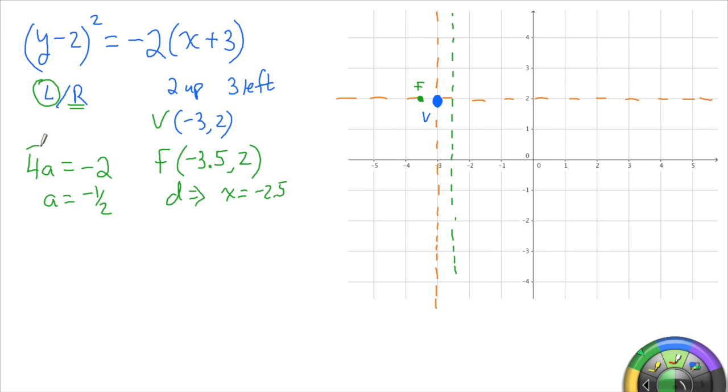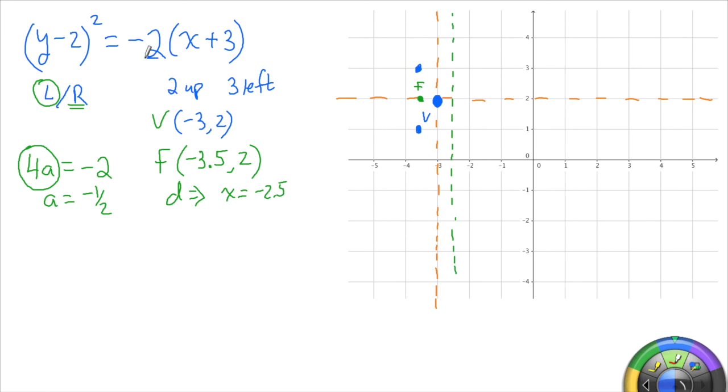So this number 4a is always going to be the latus rectum. All right, so 2 times 1/2 is 1, so it's going to go 1 up and 1 down for a grand total of a distance of 2, and those become physical points on the graph.